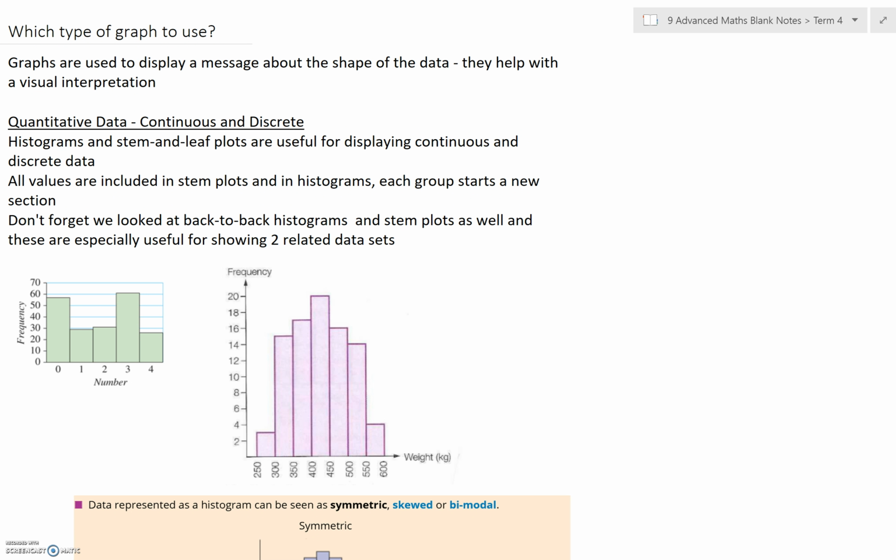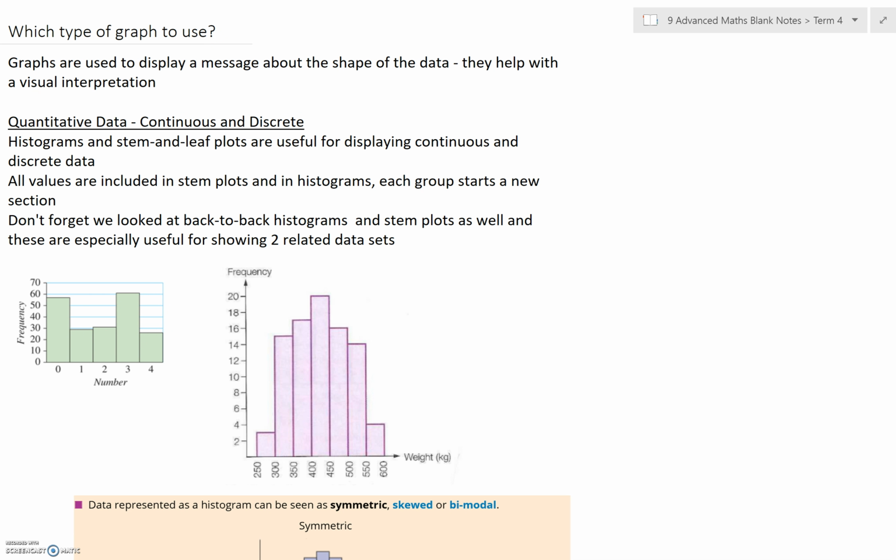For example, the first bar is 250 up to 300. 300 is not included. That starts in the next bar. Each one of those bars on the histogram on the right is worth a group of values. And of course, the frequency on the y-axis is the same for both of them.